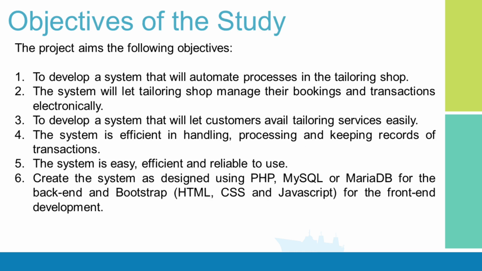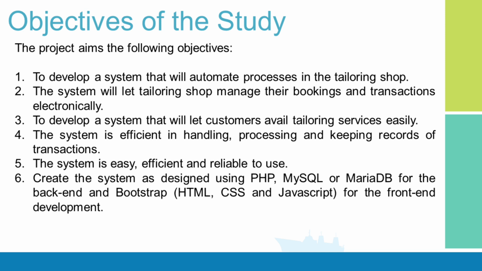The project aims for the following objectives. 1. To develop a system that will automate processes in the tailoring shop. 2. The system will let the tailoring shop manage their bookings and transactions electronically. 3. To develop a system that will let customers avail tailoring services easily. 4.